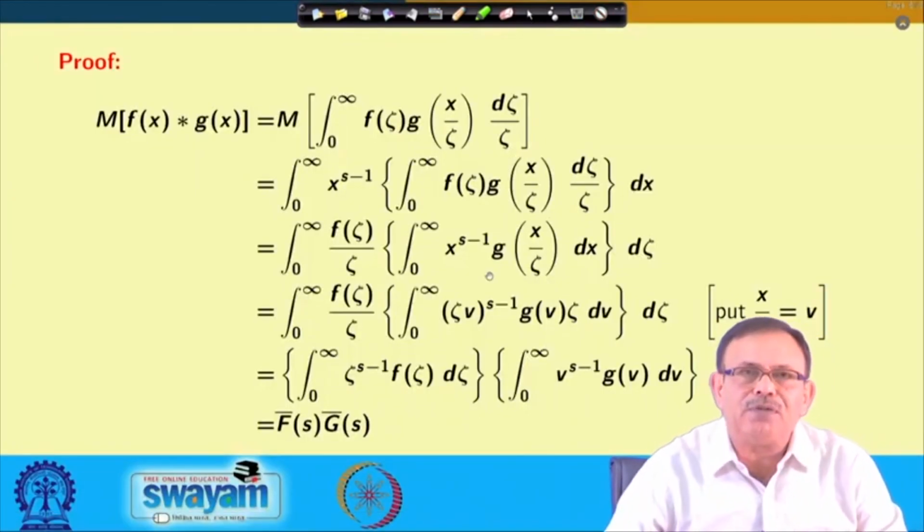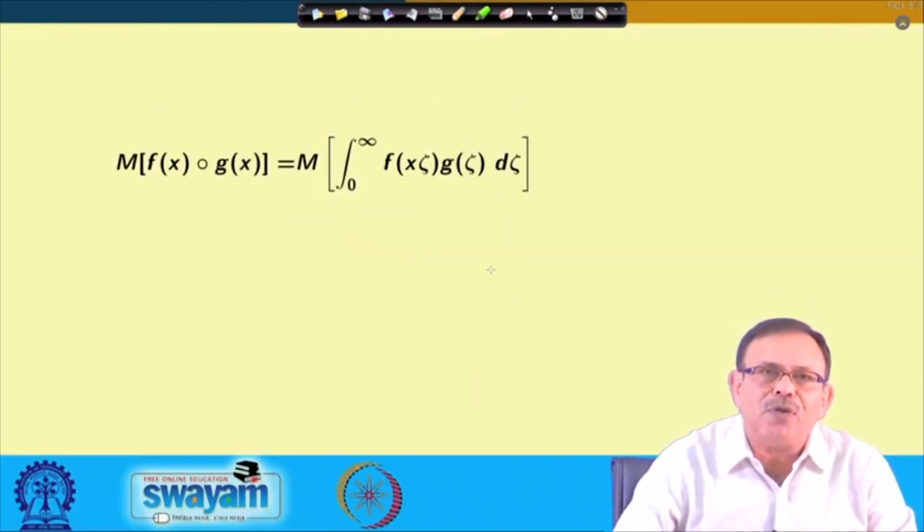This we did for the earlier case. Now for the second one, we are starting with the Mellin transform of f(x) convolution g(x), where the definition of convolution has changed a little bit. I can use any one of these two definitions.